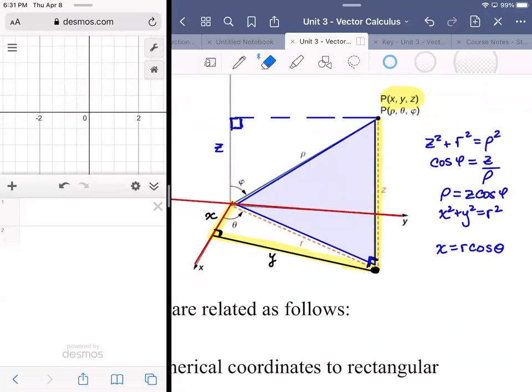We can come up with the sine based off of the location of phi, which would be the opposite over the hypotenuse. So sine of phi is equal to the opposite side. That opposite side, excuse me, is parallel to whatever the y value is, which is going to give it a value of y, right?